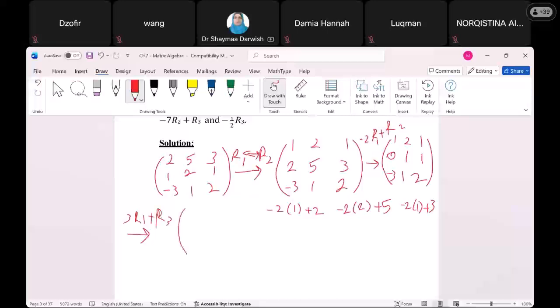You have 1, 2, 1, 0, 1, 1. 3 times 1 is 3, minus 3 is 0. 3 times 2, 6, plus 1 is 7. 3 times 1 is 3, plus 2 is 5.